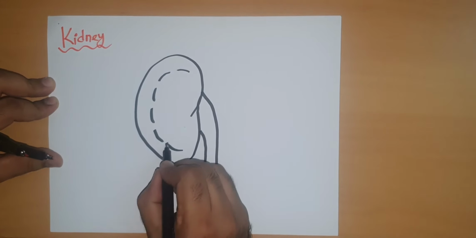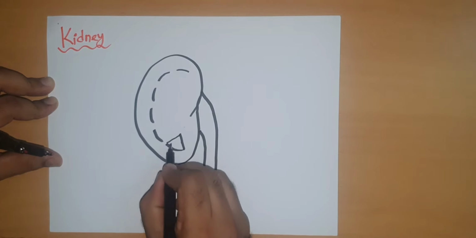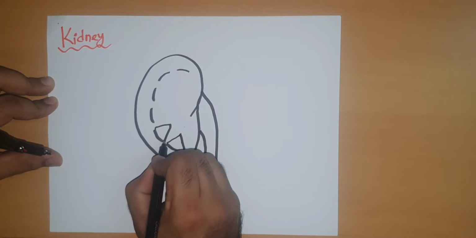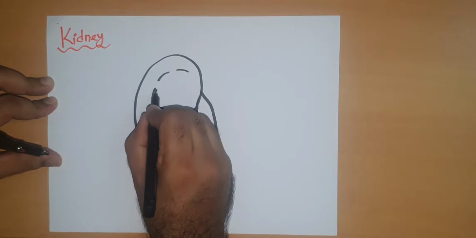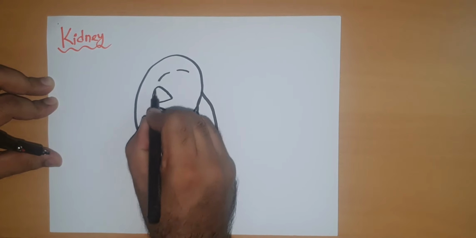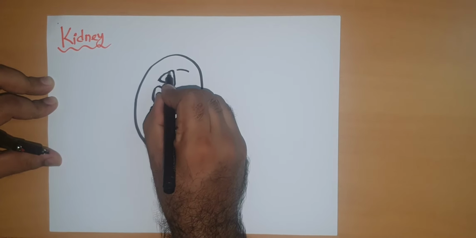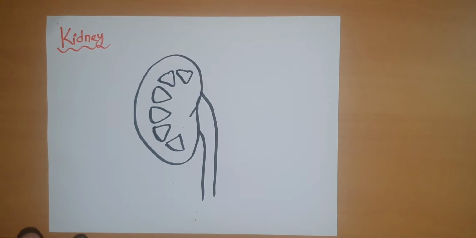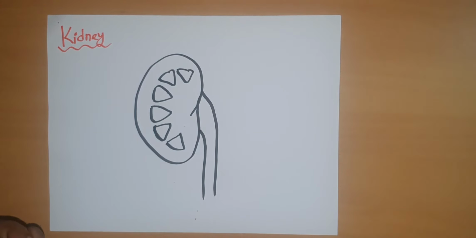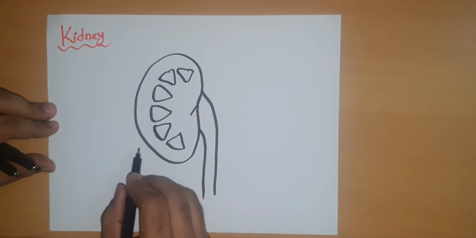After drawing these lines, we make these triangle-like structures. We label everything. Now if you see, after drawing these triangle-like structures, the kidney is now divided into two portions.